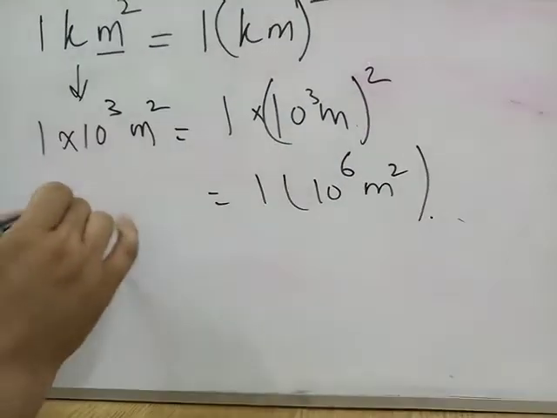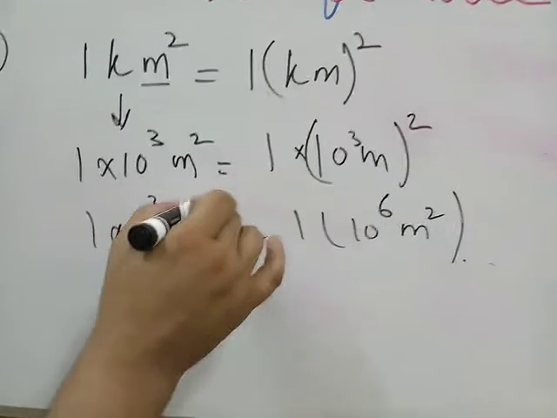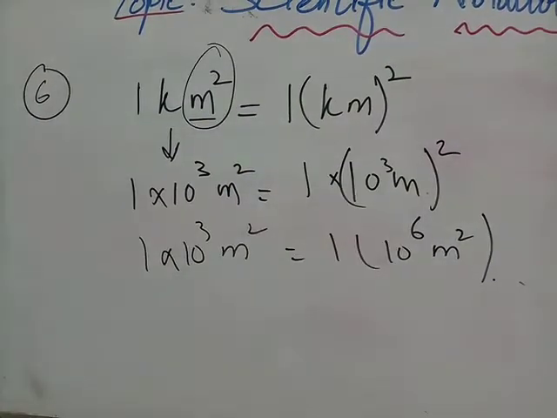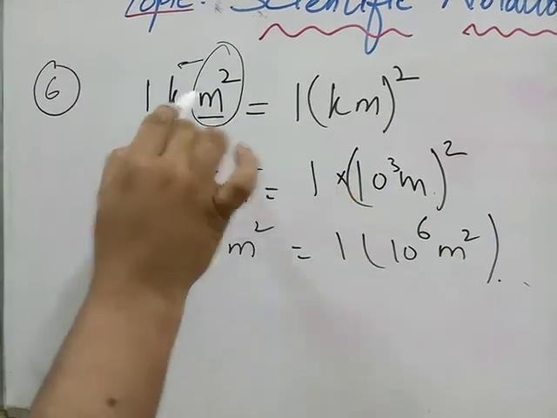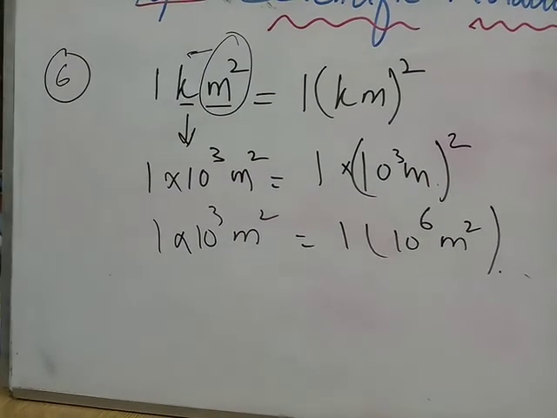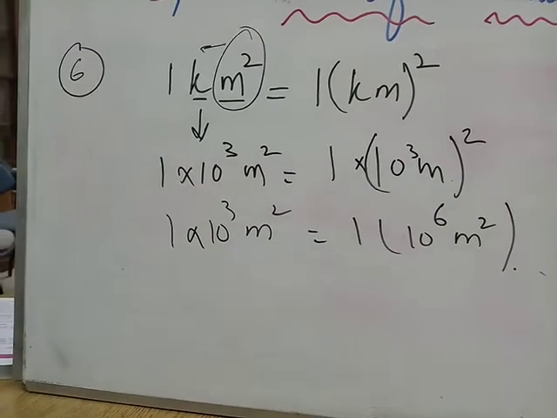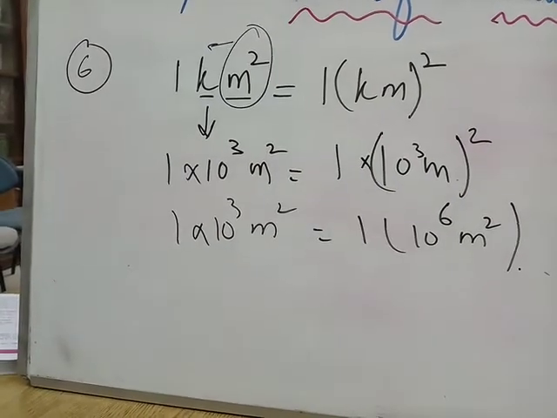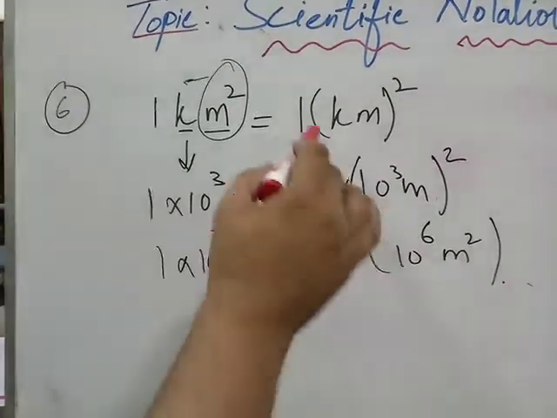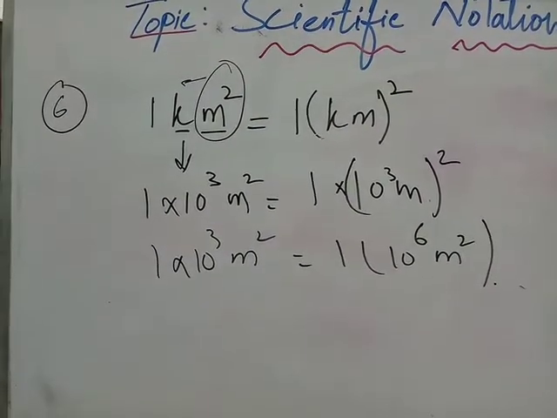So when you use only the square for the SI unit, the power is applied to the prefix adjacent to that unit. The multiple of a base unit is raised to a power, and this power is applied to the whole multiple and not just to the base unit.